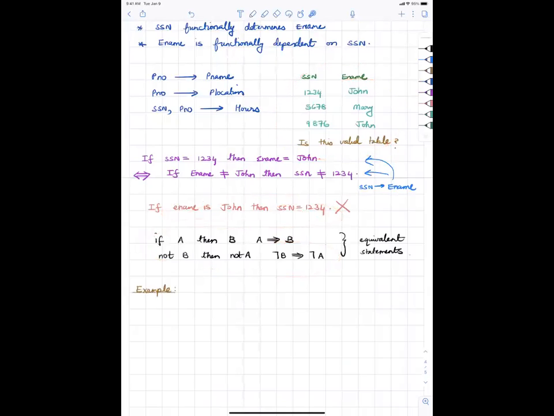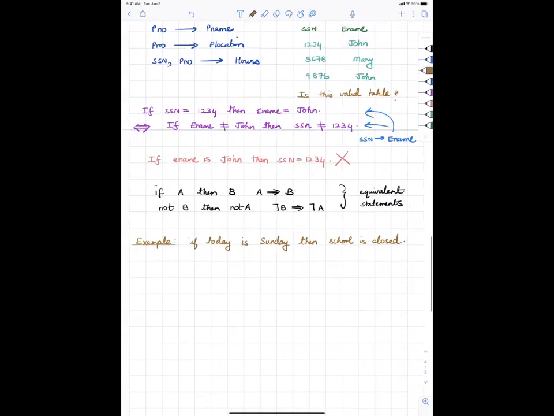Similarly, this next one too, I just want to show, for example, I say, if today is Sunday, then school is closed. That makes complete sense, right? Sundays we don't have school, so what I just said is equivalent to saying if school is open, then school is not closed today.